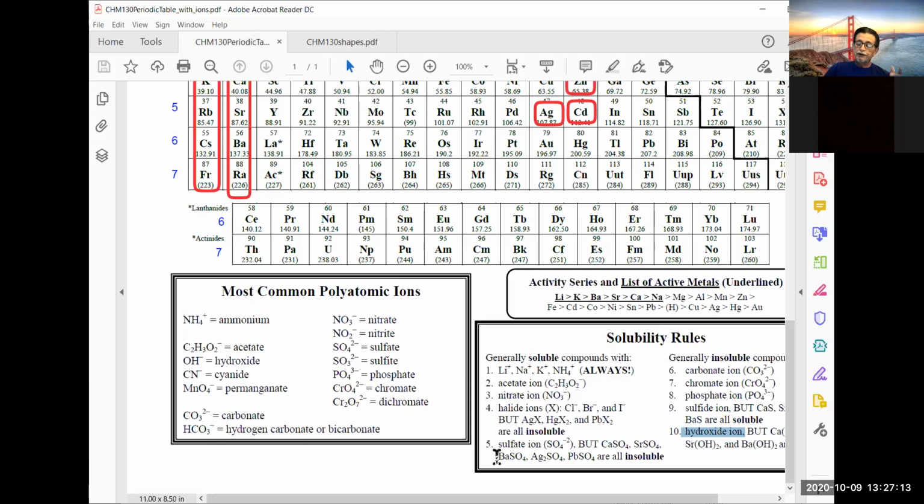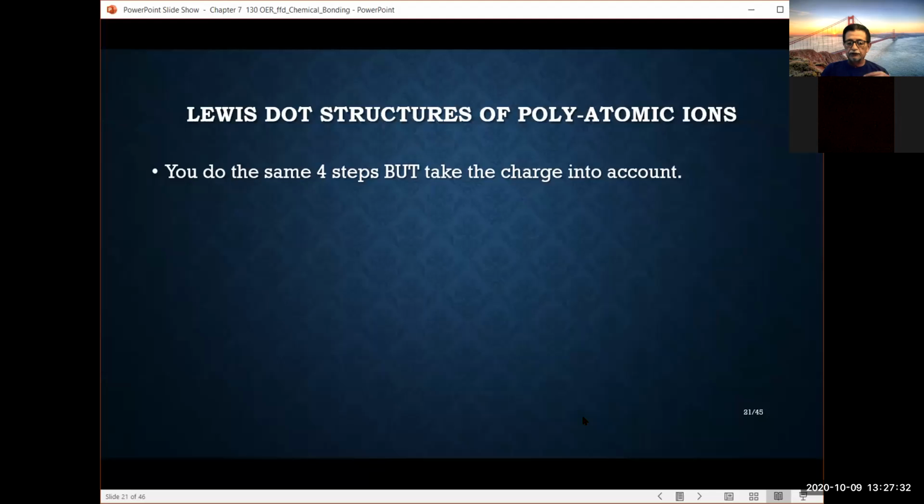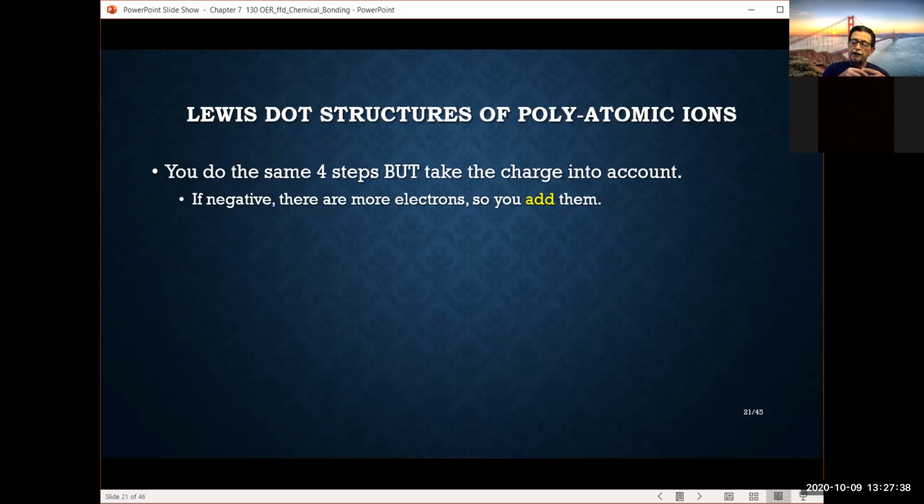The procedure is the same as we did for the neutral atoms, but we have an additional step. We have to realize first whether the polyatomic ion is positive or negative, whether it's a cation or an anion, because that information tells us what we need to do with respect to electrons. If it's a negative ion, an anion, we're going to need to add electrons to it.